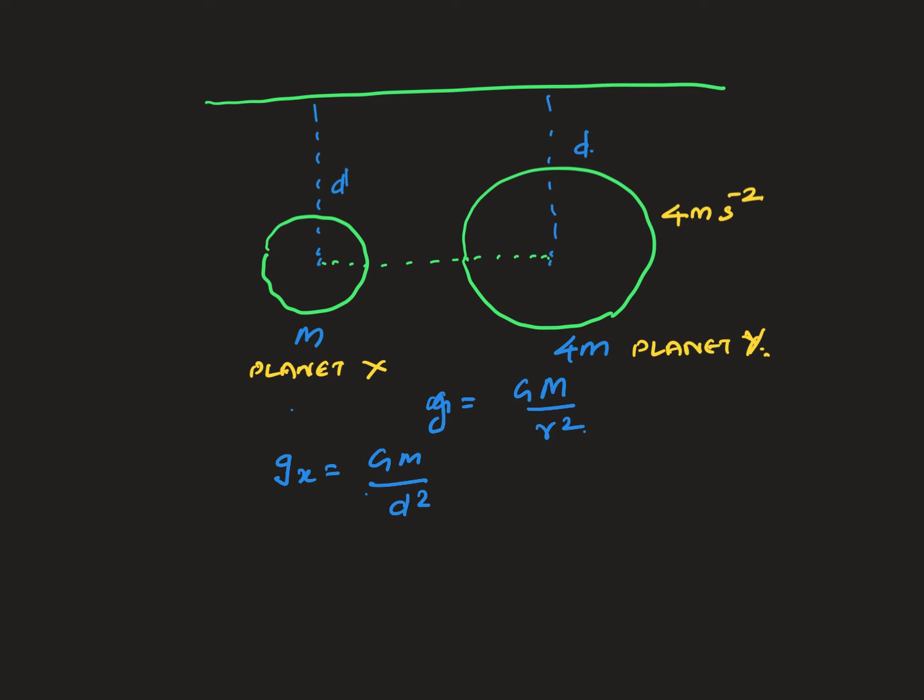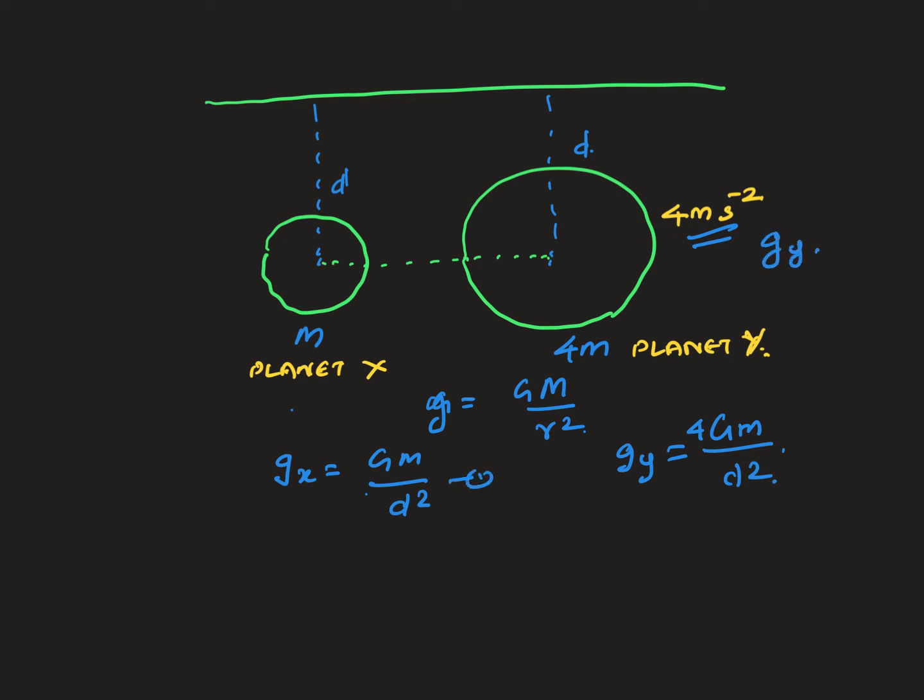And for this one, Gy is equal to G times 4m, so we put the 4 at the front: 4Gm over d squared. We were given that Gy is equal to 4, right?